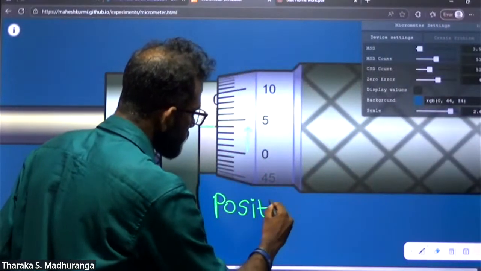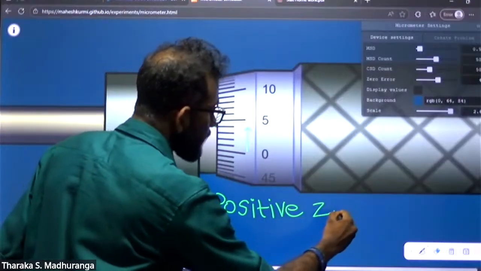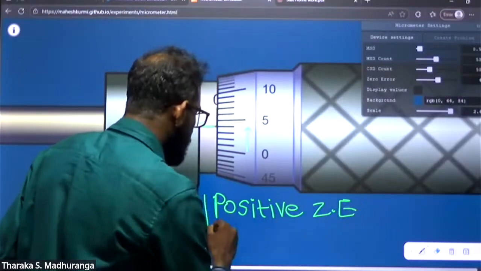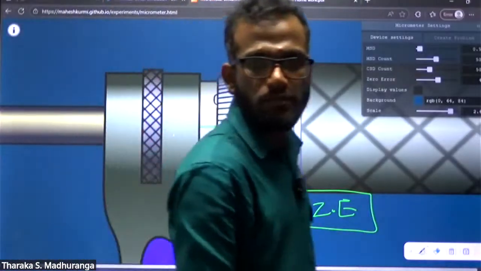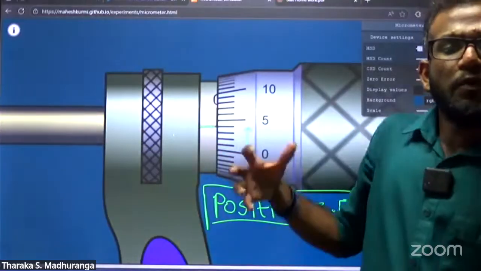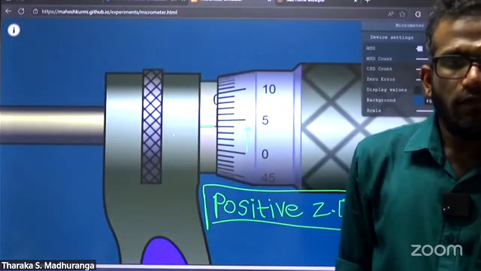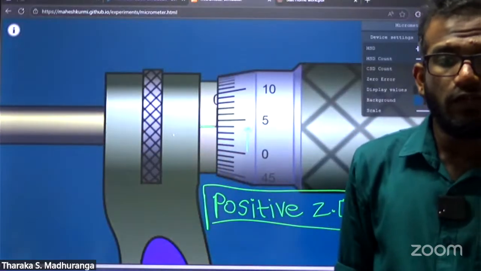Positive zero error. You have to understand that it is stopping before it comes to the zero. Then what are the possible reasons? What do you think? What are the possible reasons for positive zero error?